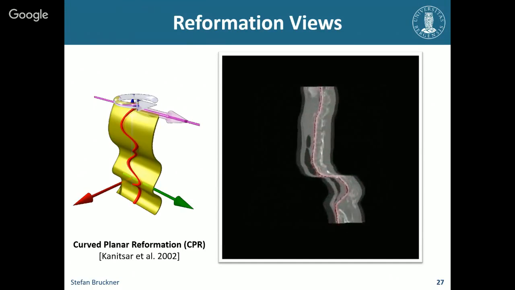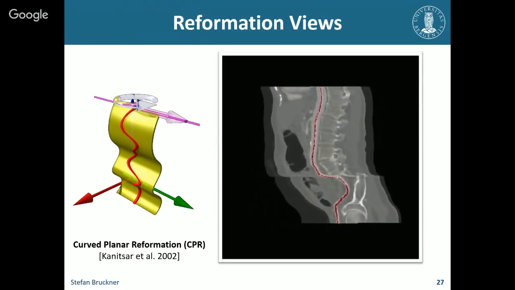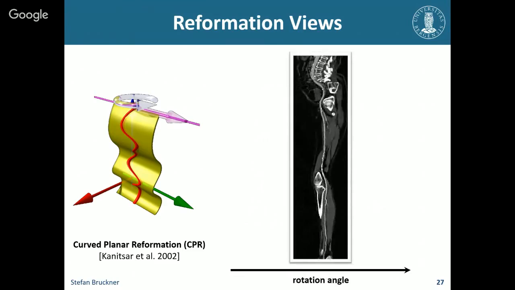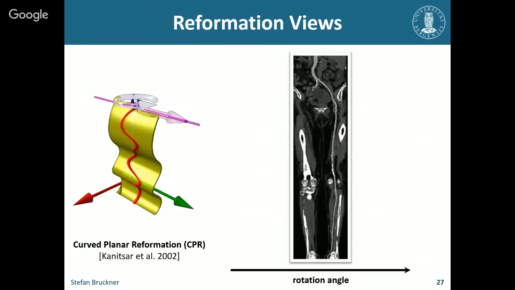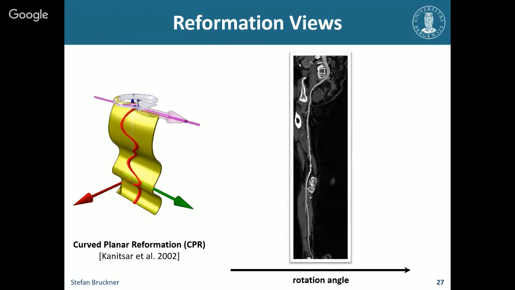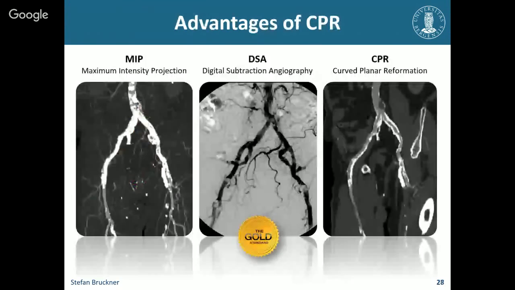And it always is in the center of the blood vessel. Now, for the purpose of investigating blood vessels, we will not display it like this, but we rather keep the surface always oriented towards the viewer and let the viewer rotate around the center line. So you always get a view of the vessel lumen. This is quite an effective technique compared to, in this case, MIP, which makes it sometimes difficult to accurately judge pathologies.